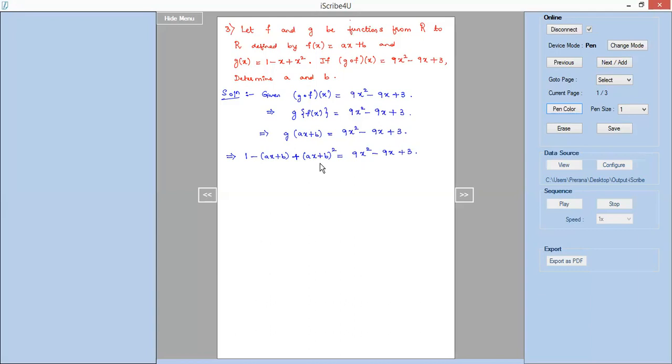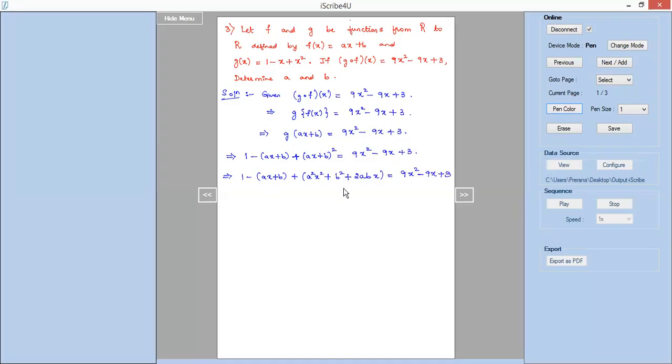Applying that formula, we will expand this whole square term and we will be able to write it down as 1 minus of ax plus b plus a square x square plus b square plus 2abx, and this is equal to 9x square minus 9x plus 3.